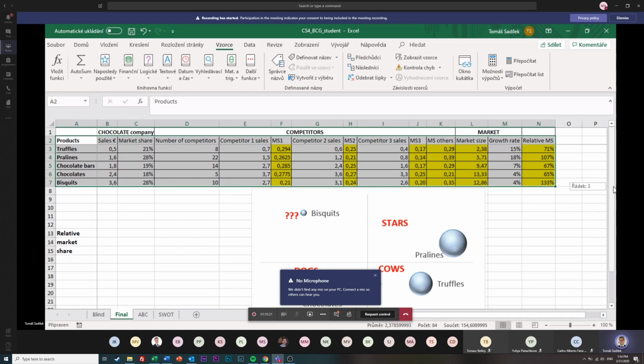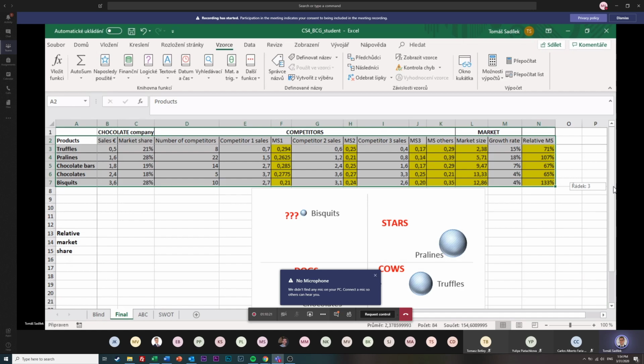If I scroll up again, pralines are products that have a really high market share, and the growth rate is also quite fast. It's 18%, set from the task: the growth rate in the current year compared with the previous year. So pralines are the star products. This is positive.